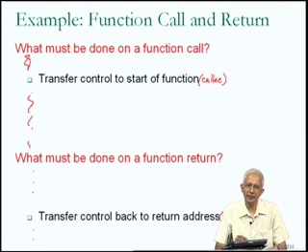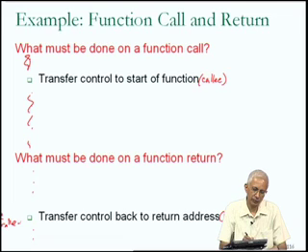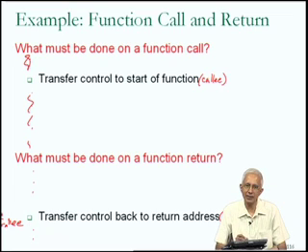This transfer of control is going to be an instruction inside the callee, inside the function which was called. Remember that the function return is inside the callee, and therefore the instruction which transfers control back to the return address is going to be inside the callee. Now, inside the callee, unless I explicitly had remembered what the return address was, there would be no way for this transfer of control back to the return address to happen.